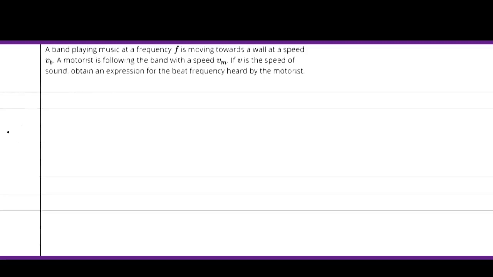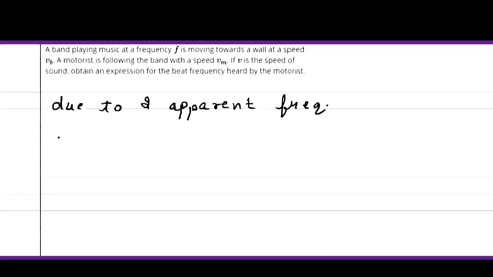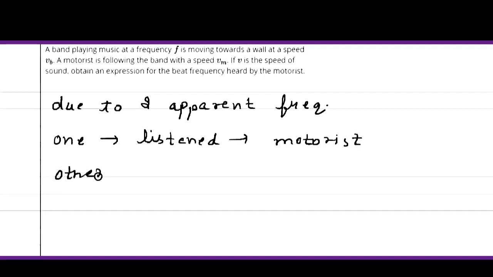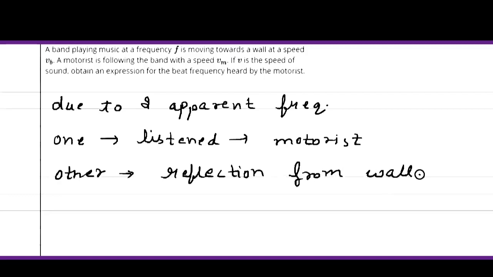Now the motorist will observe the beats due to two apparent frequencies, one which is directly heard by the motorist, and the other which is due to reflection from the wall, right?